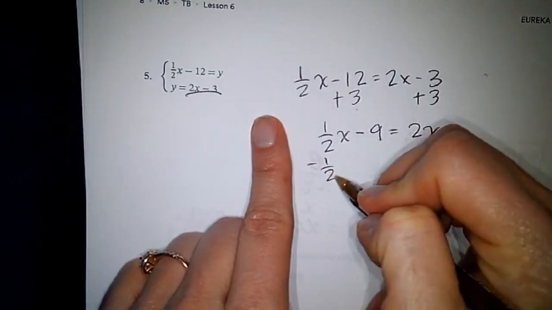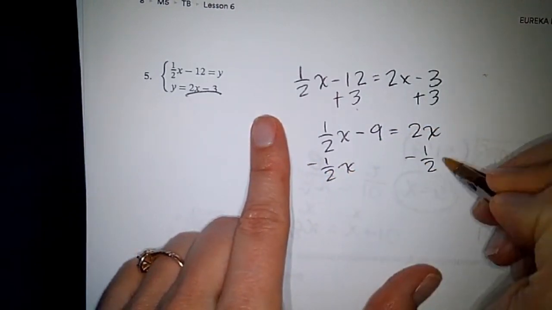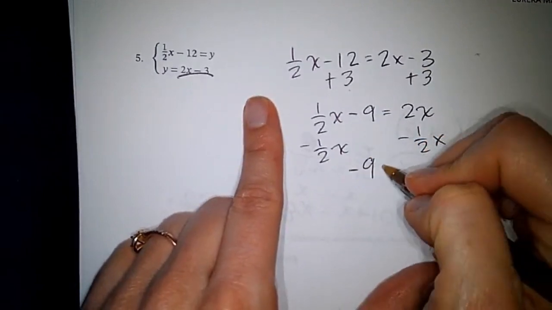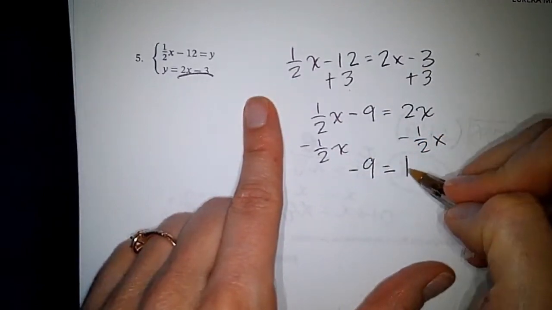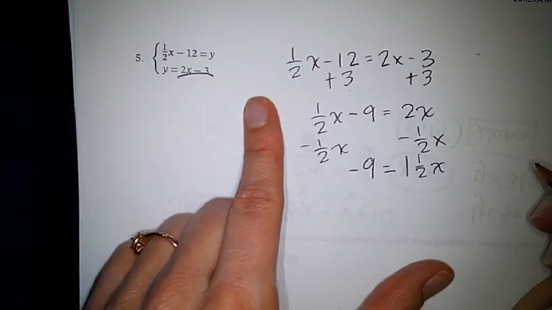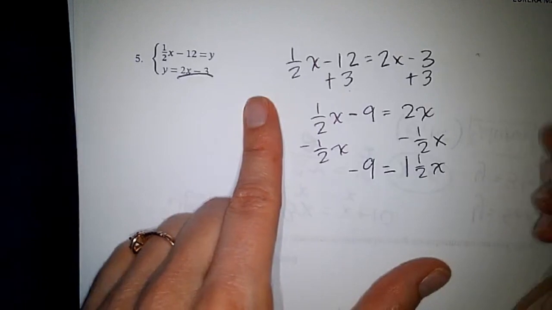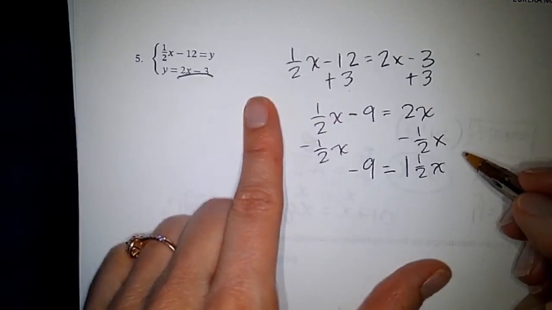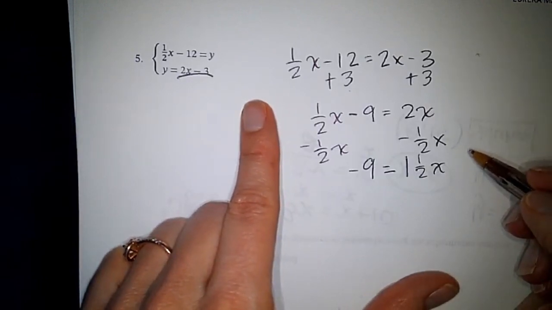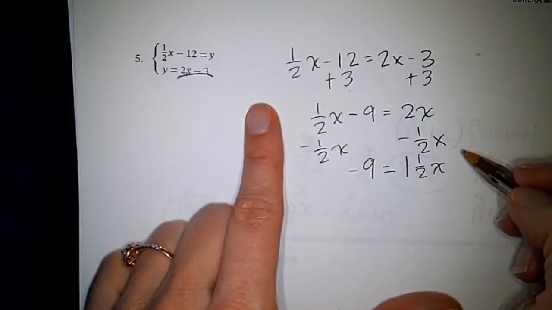Negative 9 equals 1 and 1/2 x. You take a half away from 2, you get 1.5. Yes? Okay. Now, fun story, when you don't know how to multiply or divide by fractions, guess what you can use? Handy dandy calculators. Woo-hoo! Okay, here we go.